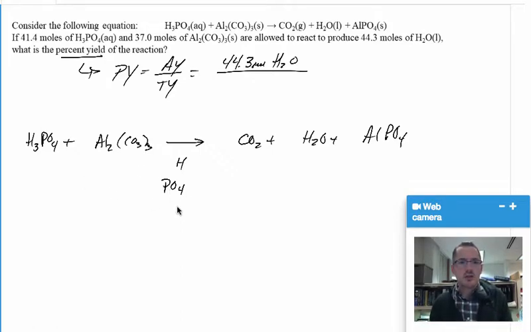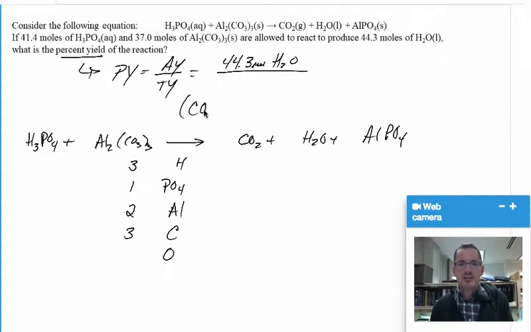I have aluminum on the left-hand side, and I cannot do the same thing for carbon with the CO3 versus the CO2. So I have to break down the carbon and the oxygen that way. So if I take a look at the left-hand side, I have 3 hydrogens, 1 phosphate, 2 aluminums, and 3 carbons in the CO3, because I have this set of parentheses right there.